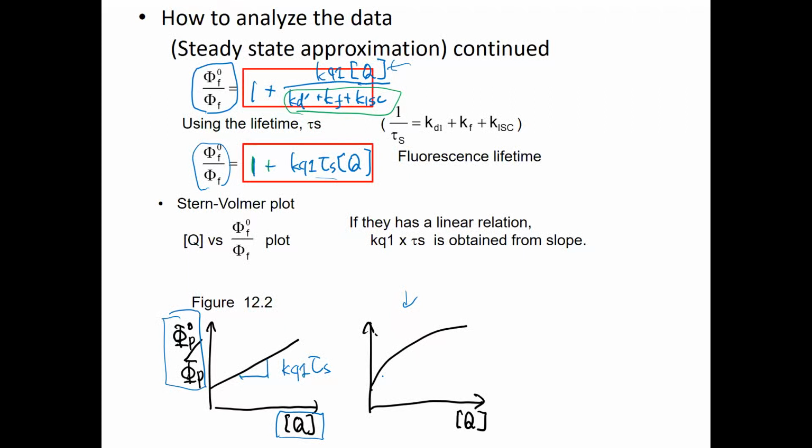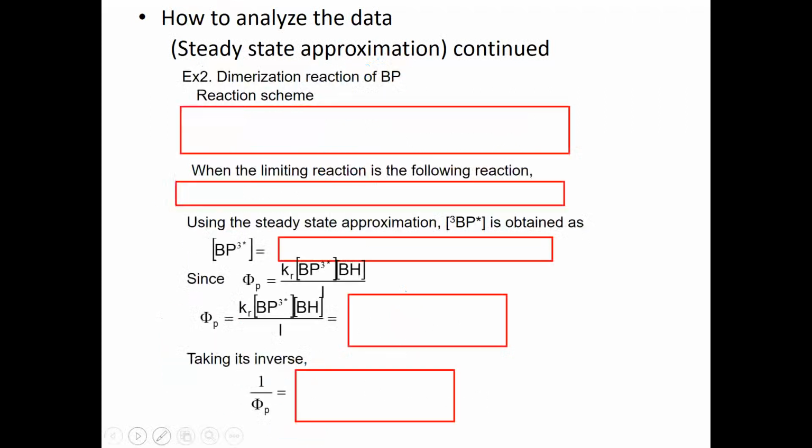So this is how to obtain the reaction. So here's another, different type of reaction process, which is dimerization of benzophenone, which was introduced as an example of a photochemical reaction, including the initial process and final processes.